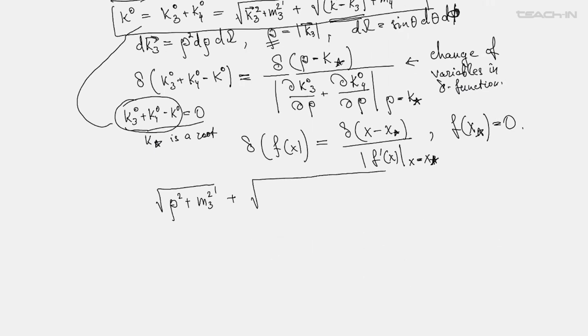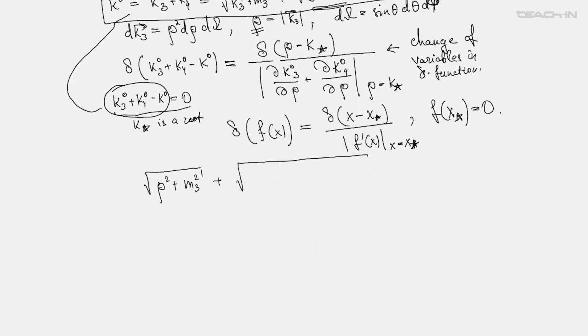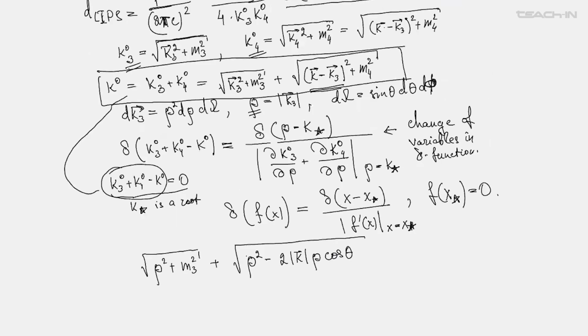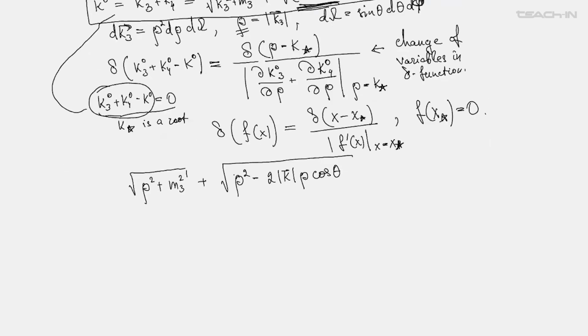So this is rho squared minus 2 modulus of k rho cosine theta. This is what I'm now writing down in an explicit way, the scalar product, plus k squared.